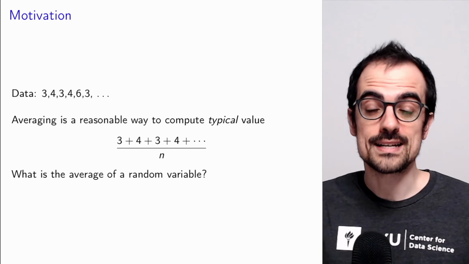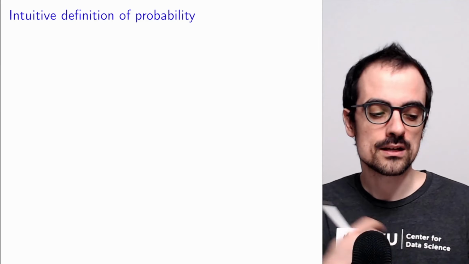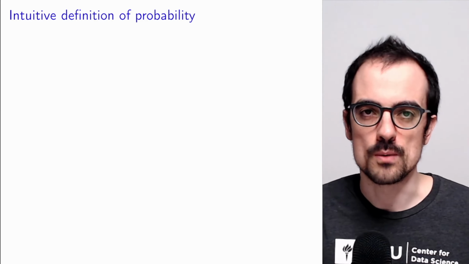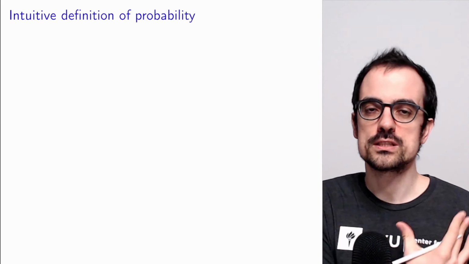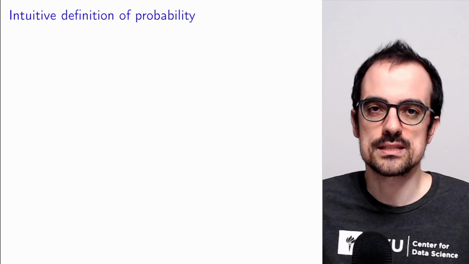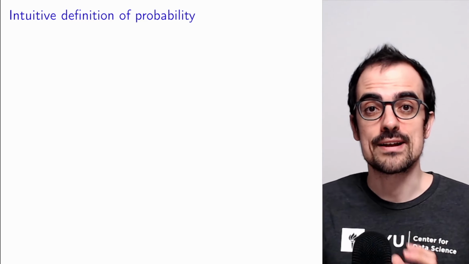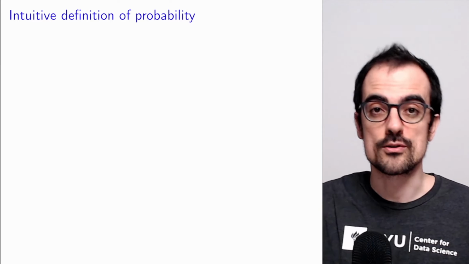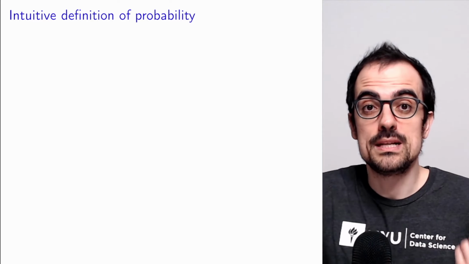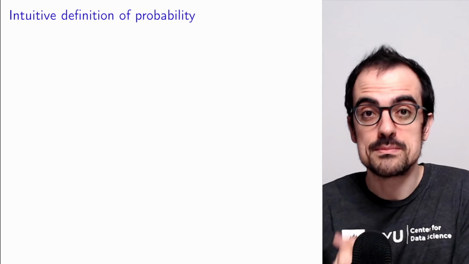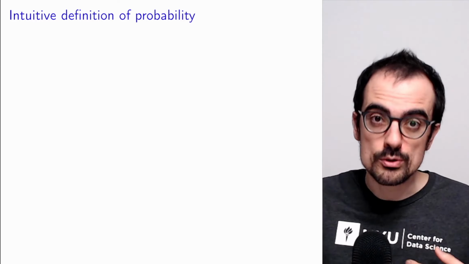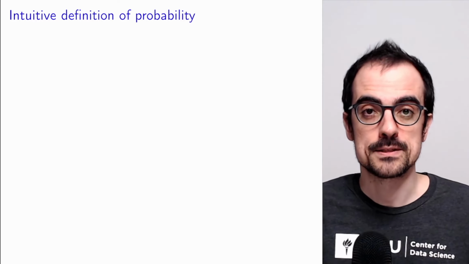In order to define such an average, we're going to go back to our intuitive definition of probability. Remember that when we first defined probability, we said that when we model uncertain phenomena, we imagine that they are experiments that could be repeated over and over. Then the probability of an event is the fraction of times the event would occur when we repeat the experiment many, many times.